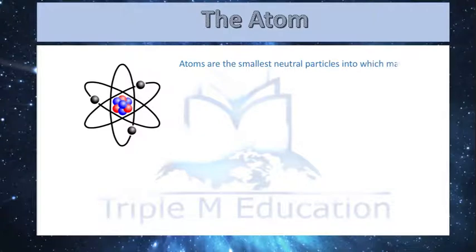Atoms are neutral, so there's a balance of positive and negative charges in an atom. An atom consists of a heavy nucleus surrounded by a relatively light cloud of electrons.